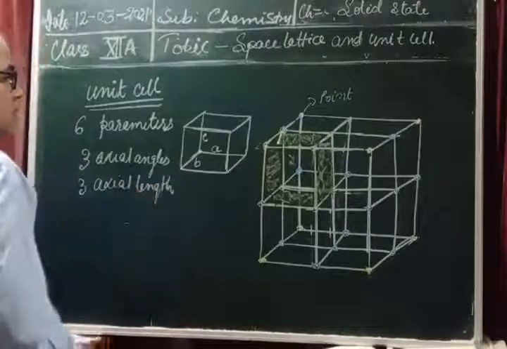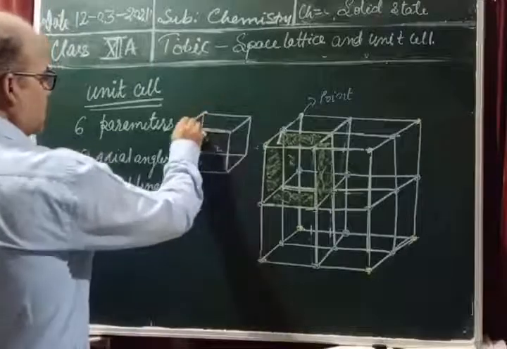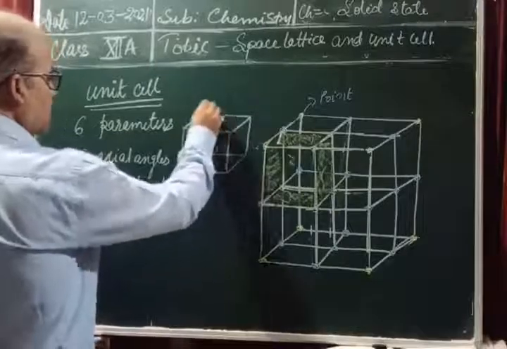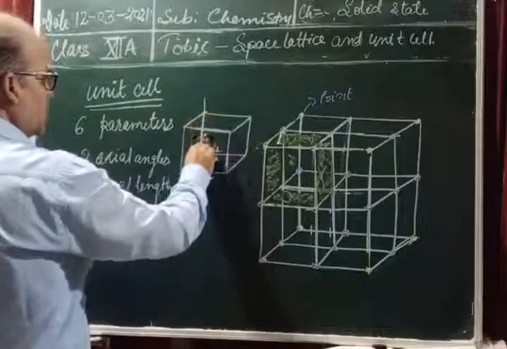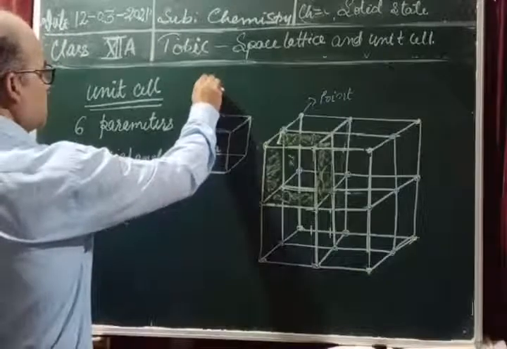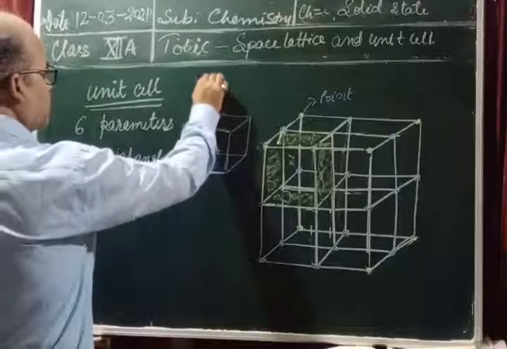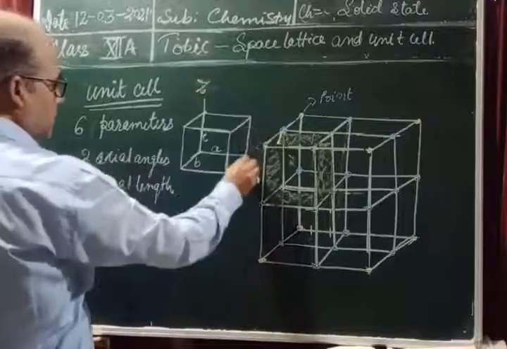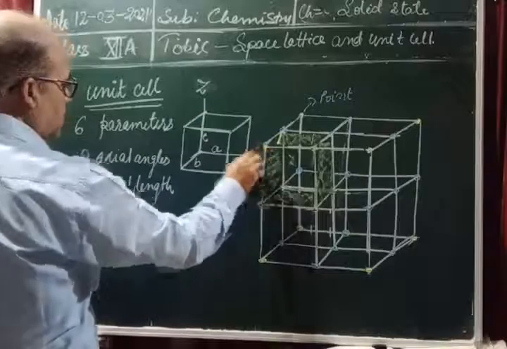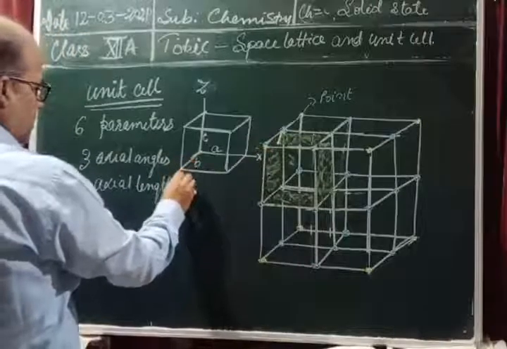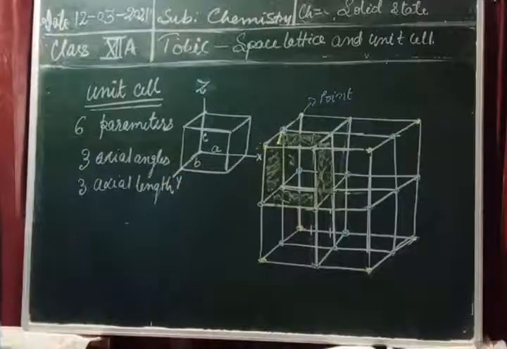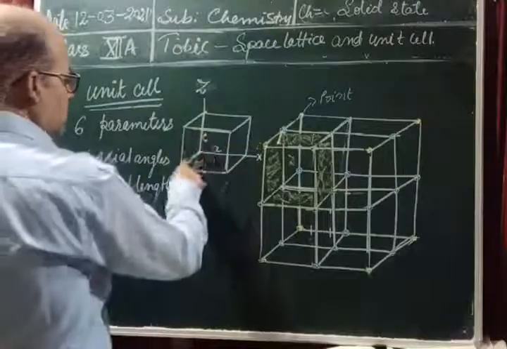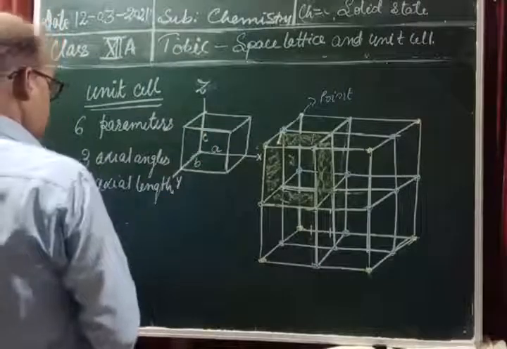Okay, this one is the axial length. You can write here, suppose this one is Z, and this one is X, and this one is Y. Thus these are the axial lengths.